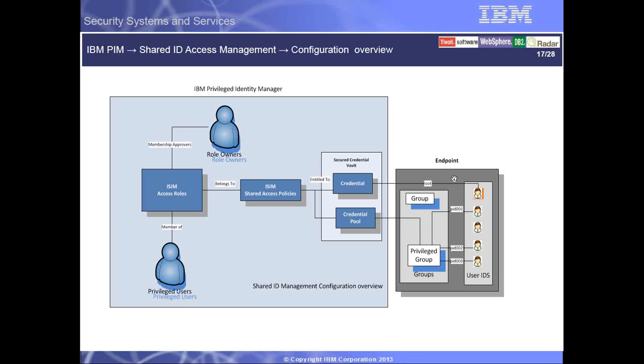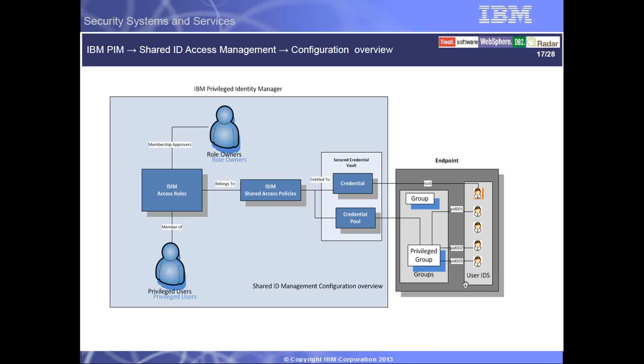Now here you can see you have a root as an individual or a privileged ID, which is a single privileged ID. Now this can be mapped with a role. You can also create several sets of privileged IDs.